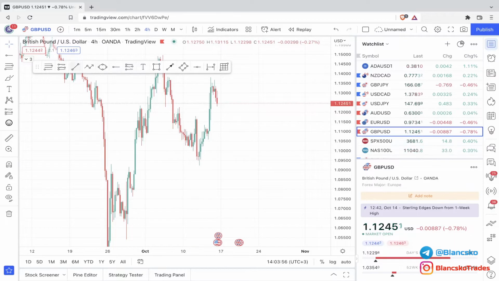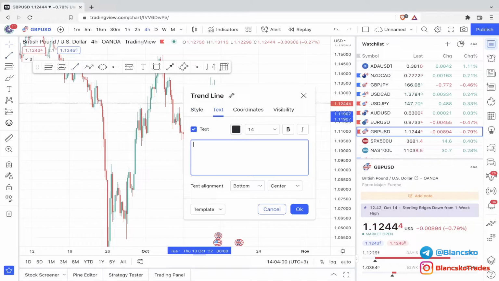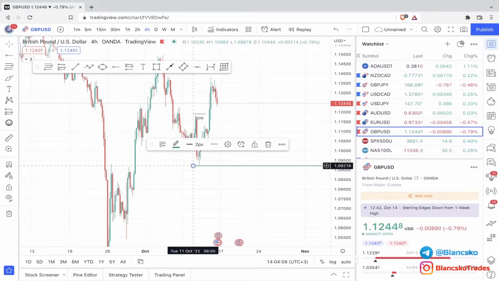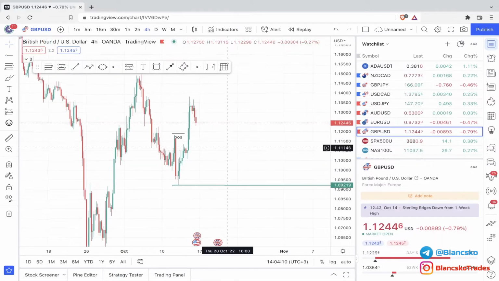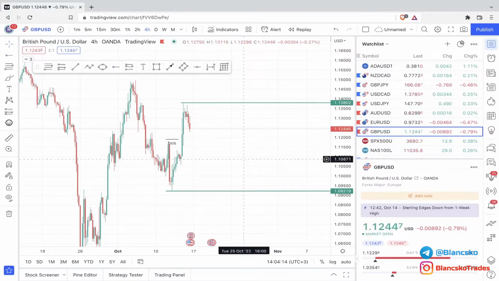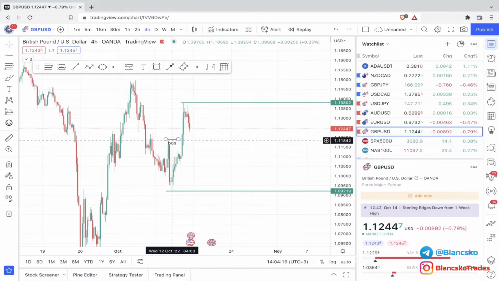Because it broke this previous lower high very aggressively, BOS, that's how we like to call it, break of structure, and it created a higher high. So that means that on the H4, we have this range from this higher low to this newly formed higher high, okay? So that means that intraday and short term, we are bullish, okay?